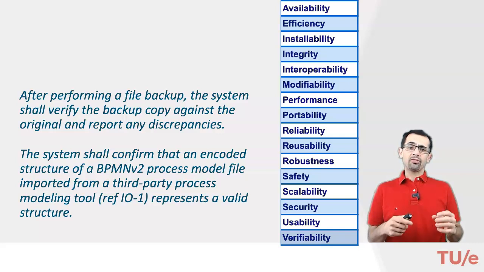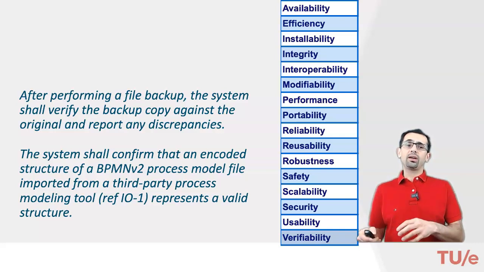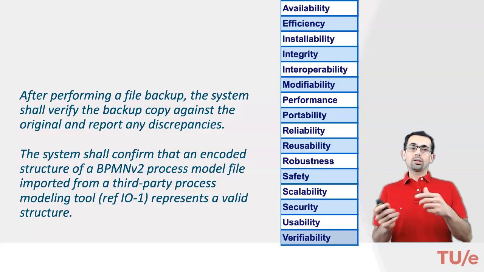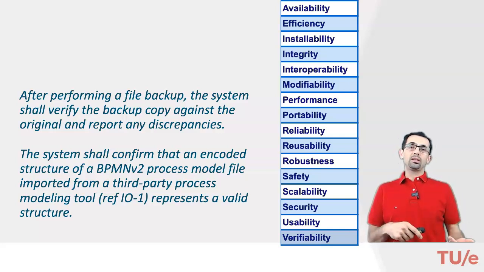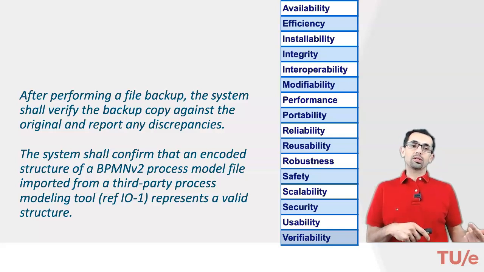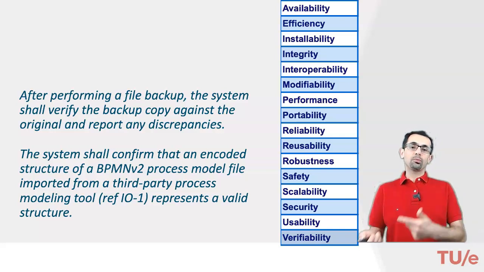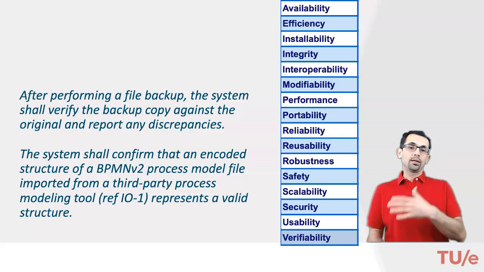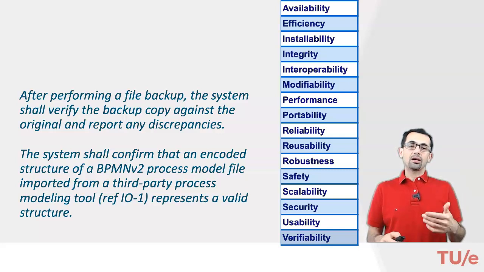Next. After performing a file backup, the system shall verify the backup copy against the original and report any discrepancies. Or the system shall confirm that an encoded structure of a BPMN version 2 process model file imported from a third-party process modeling tool represents a valid structure. Which one do you think?